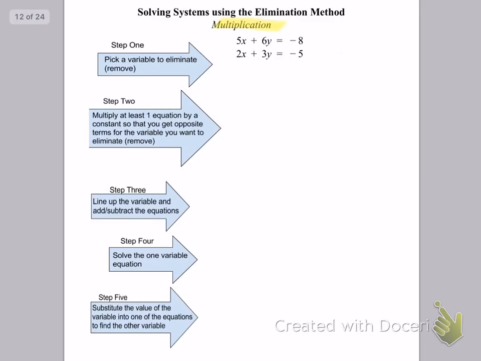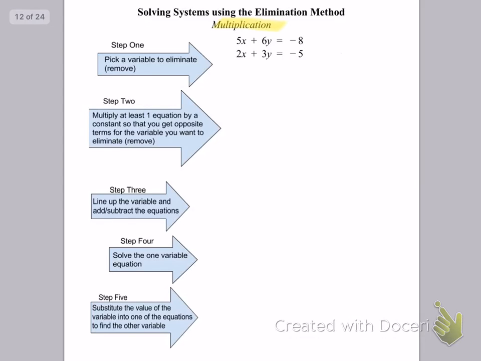So there are 5 main steps with the elimination method using multiplication. The first one is to pick a variable to eliminate. So if we analyze our two linear equations, we can look and see what would be the easier one to cancel out. If we have a 5 and a 2, there's no easy way of canceling that out. But our y's, we have a 6 and a 3.